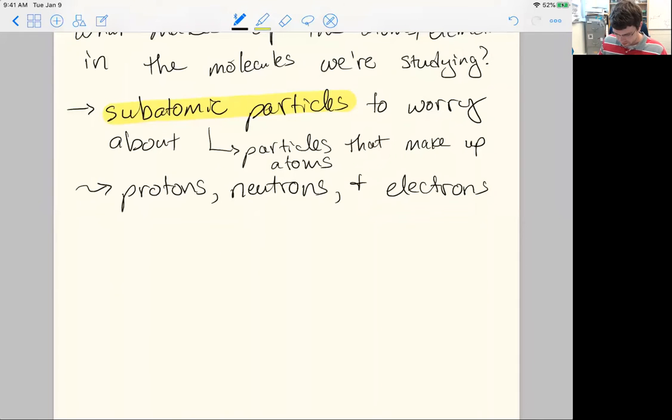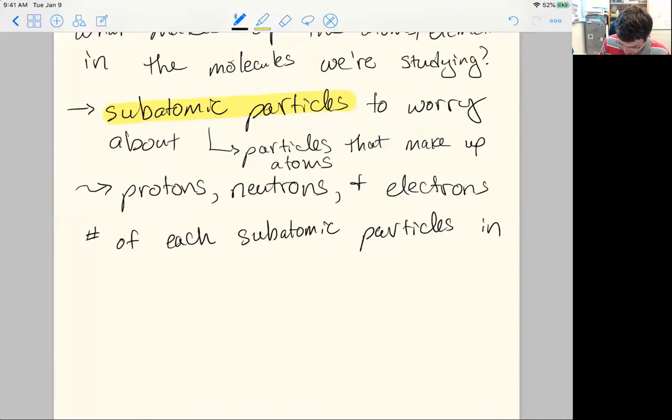So the number of each subatomic particle, I should say, the number of subatomic particles in an atom determines its properties.